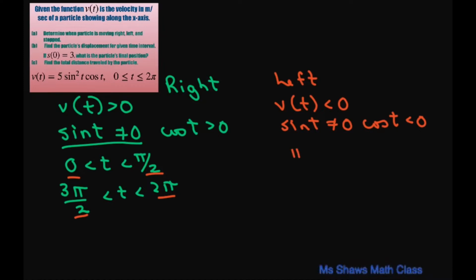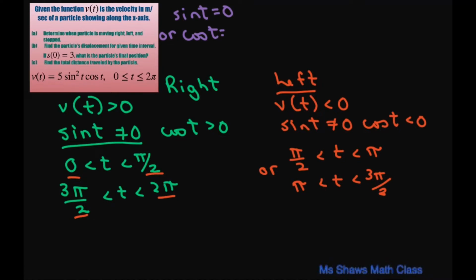So that's when we have t is in between pi divided by 2 and pi, that's quadrant 2 and quadrant 3. So we just put or here. Or pi is less than t is less than 3 pi divided by 2. So this is left.